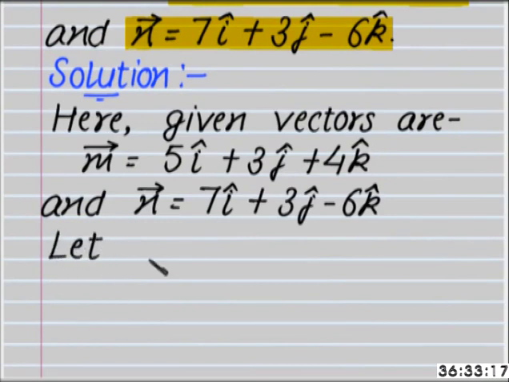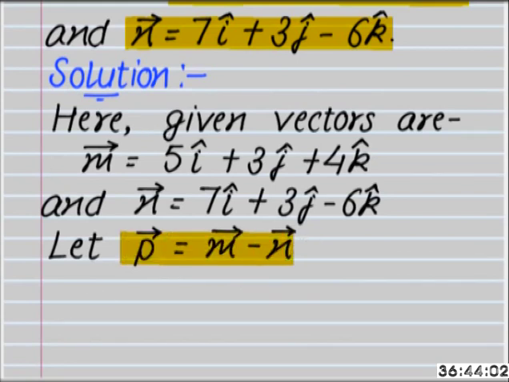Let vector p be the difference of vector m and vector n. Therefore, we can say that vector p is equal to vector m plus additive inverse of vector n.